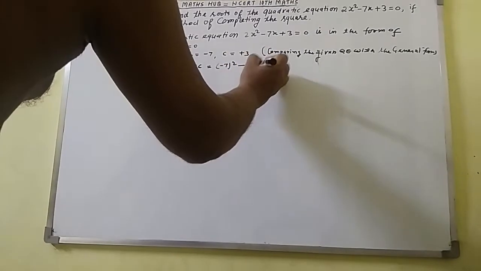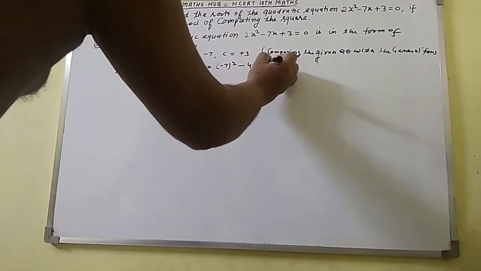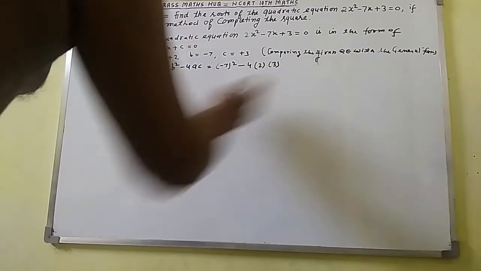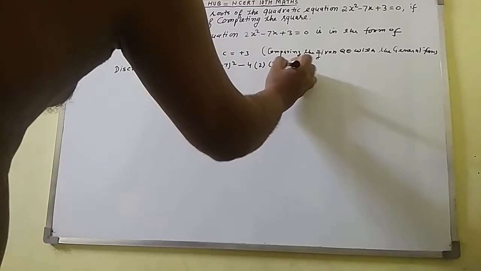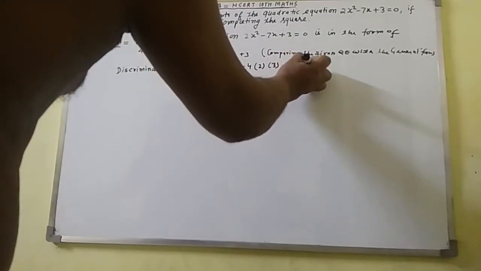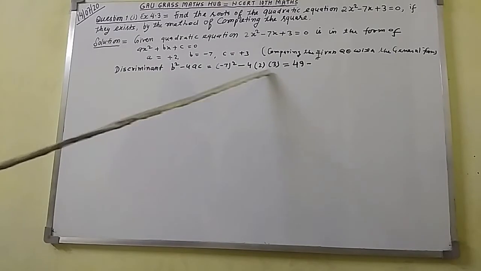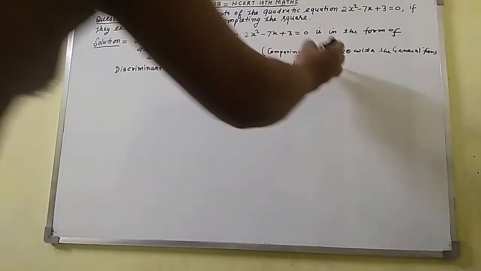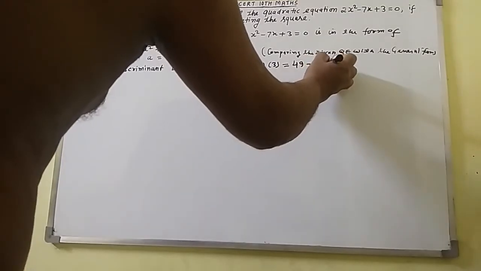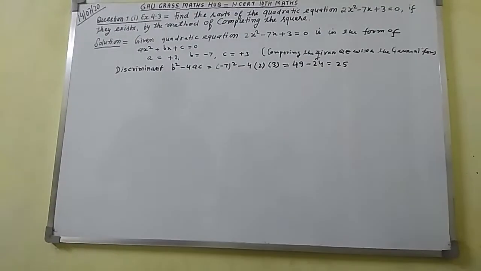Here value of a you have got here 2 and value of c here you got 3. So this will become 49 minus 4 times 2 is 8, 8 times 3 is 24. So here you will get 25. Here you can see 25.